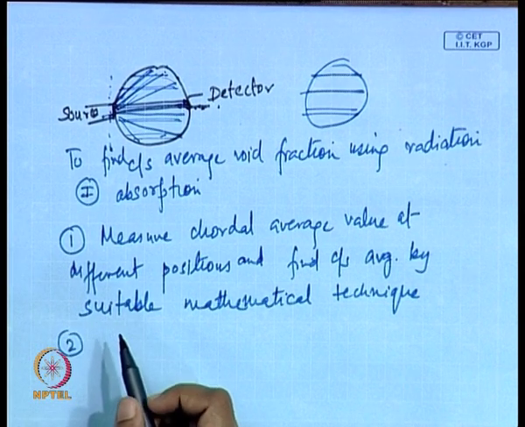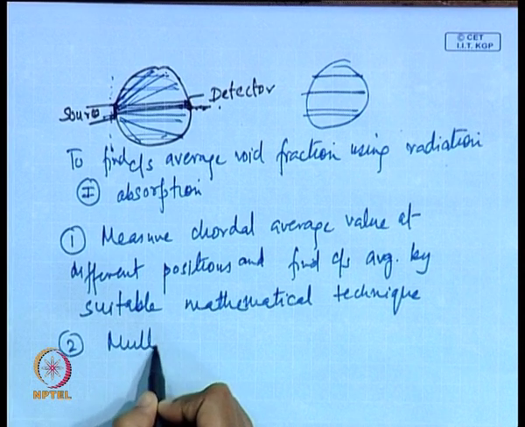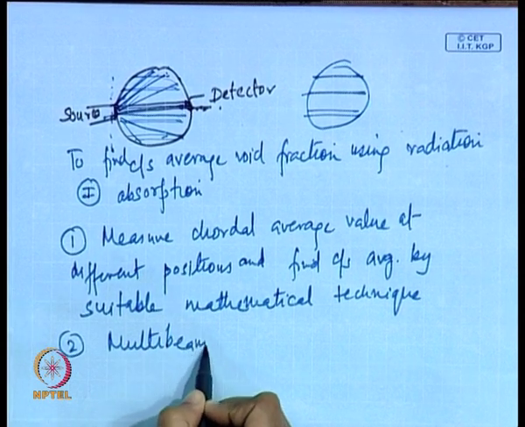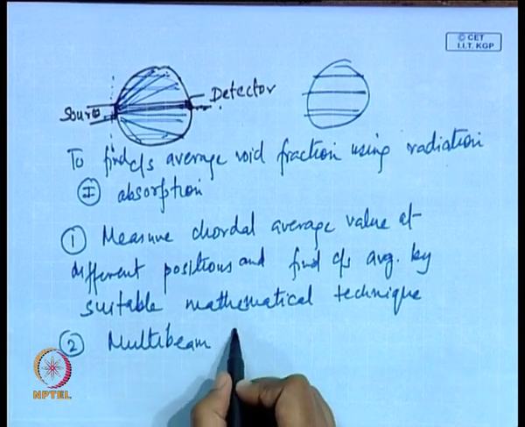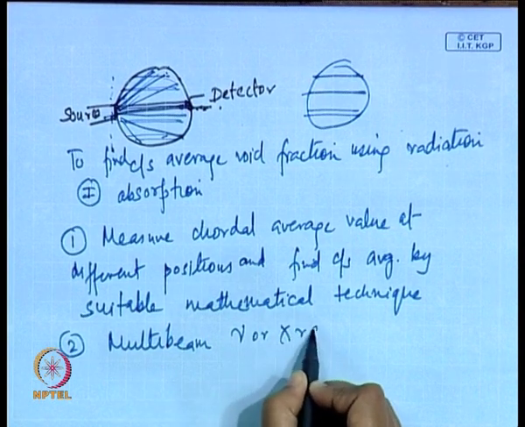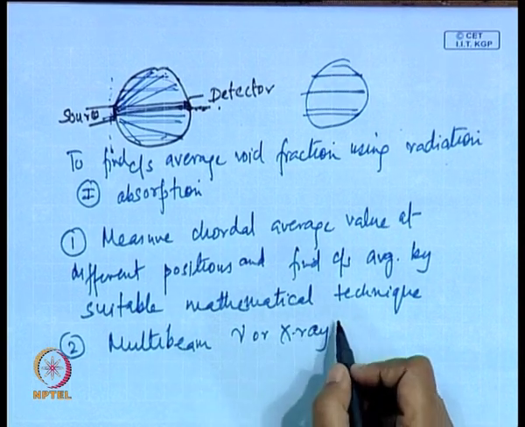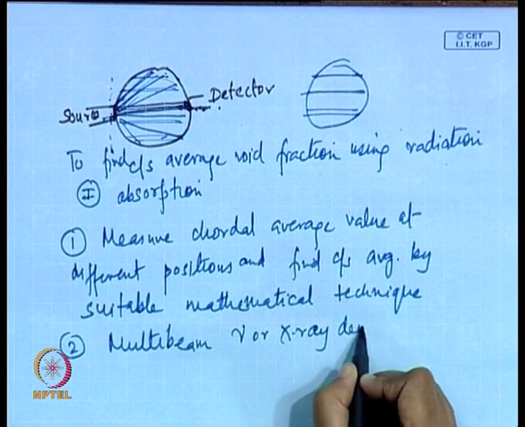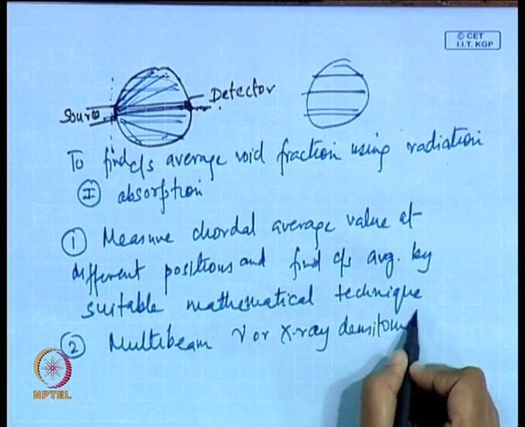So, therefore, this can also be one. In this particular case, what do we do? We can use a multi-beam gamma or X-ray densitometer from a single source.